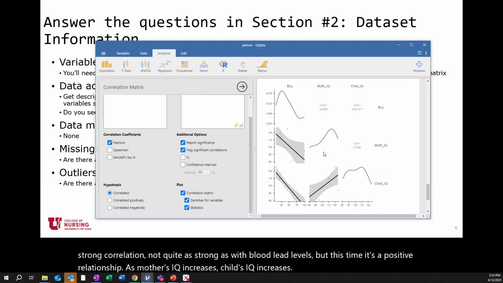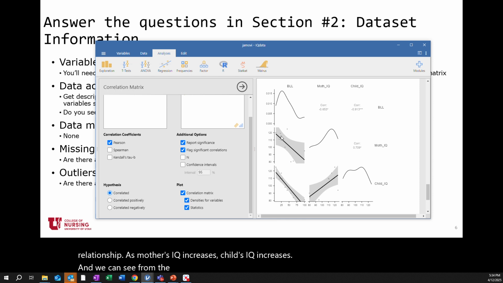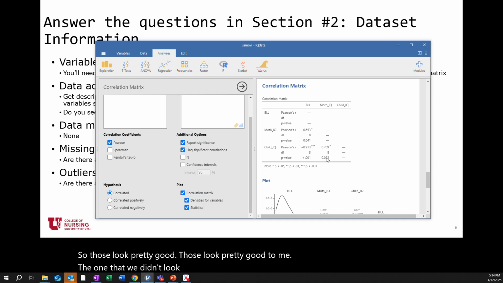And we can see from these scatter plots, I don't see any really strange curvilinear relationships here, where as one goes up and then it starts going back down again. So those look pretty good to me. The one that we didn't look at closely is blood lead level and mother's IQ.